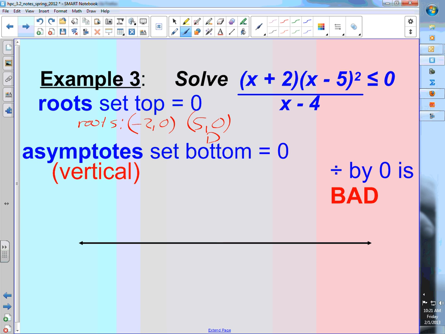We can't really use graphing successfully without a whole lot of work to make out what these pictures are going to look like. The asymptotes. To find a vertical asymptote, you set the bottom equal to 0. If you set the bottom equal to 0, the vertical asymptote occurs at x equals 4.